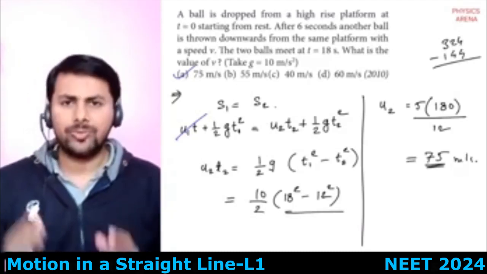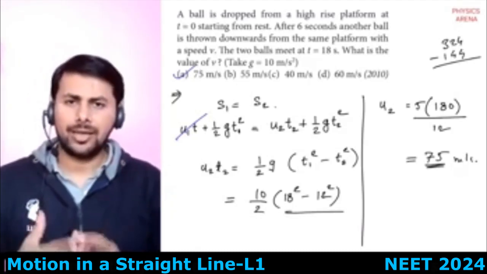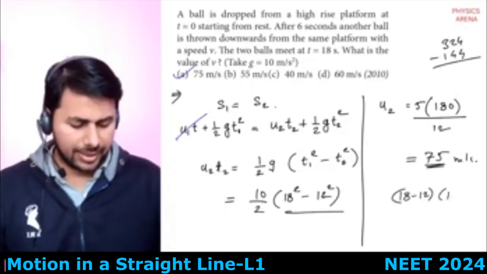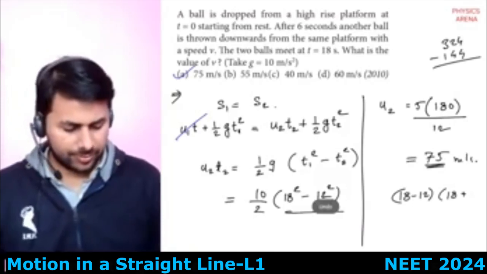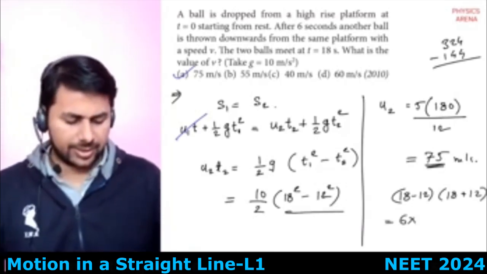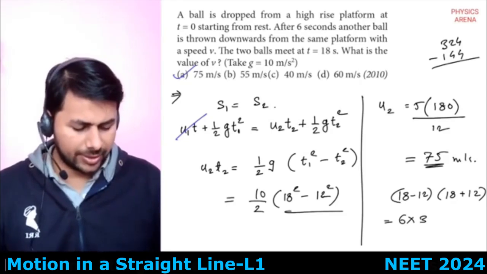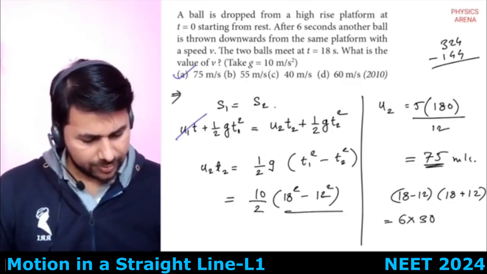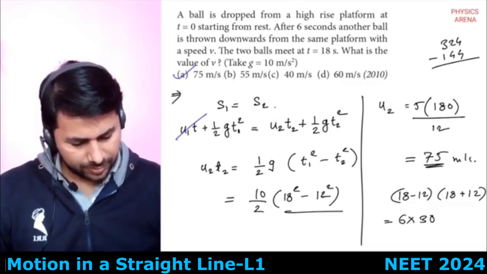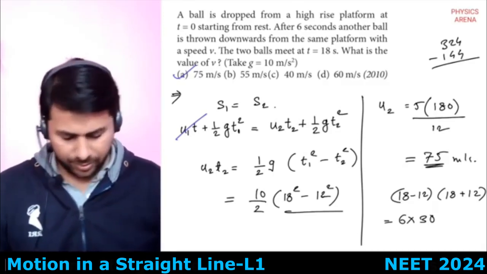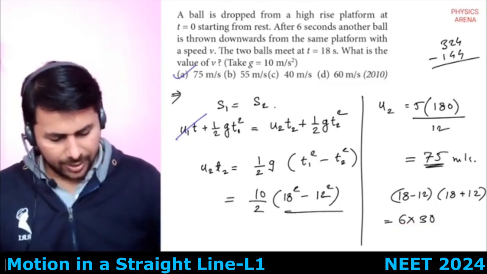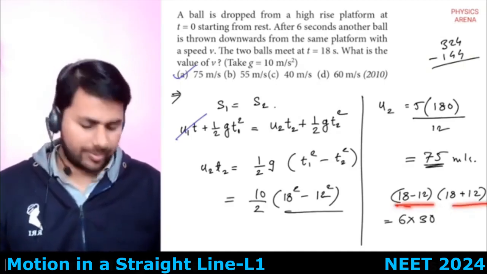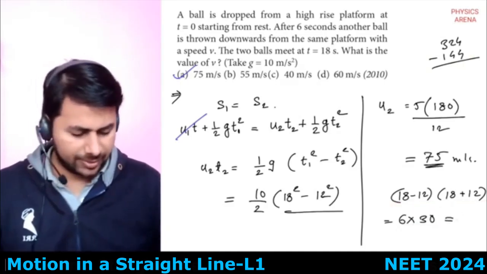I will use the formula a square minus b square equals a minus b times a plus b. So it is 18 minus 12 times 18 plus 12. This will be 6, and 18 plus 12 is 30. So you don't have to do the subtraction of squares; instead you do a minus b, a plus b. Still you get the same answer.